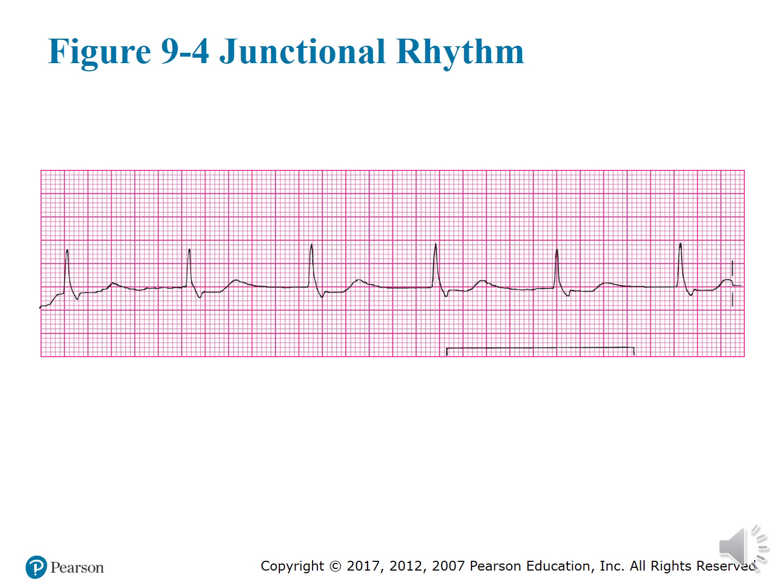This is what a junctional rhythm looks like. As you can see, in this particular junctional rhythm, there are no P's. It goes into R, S, T. R, S, and you just happen to see a P that comes after your QRS.